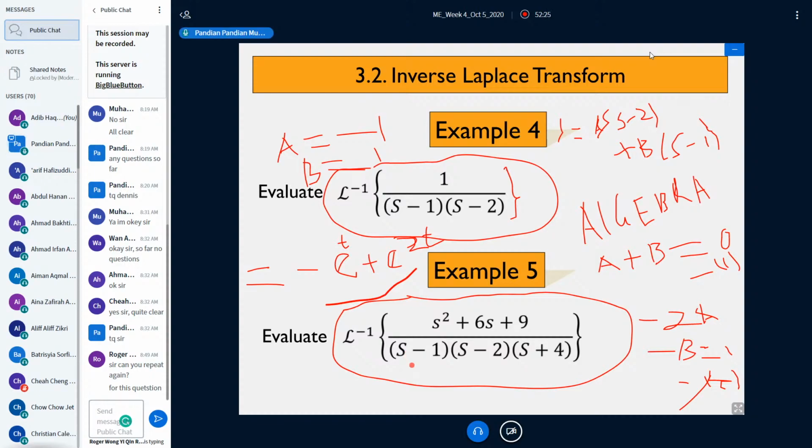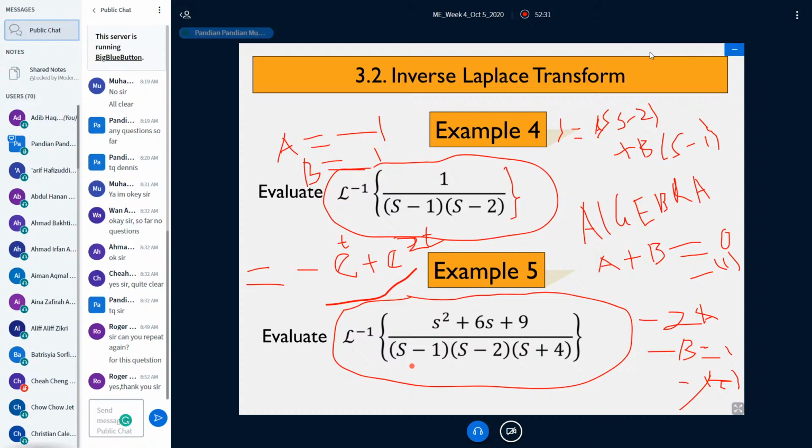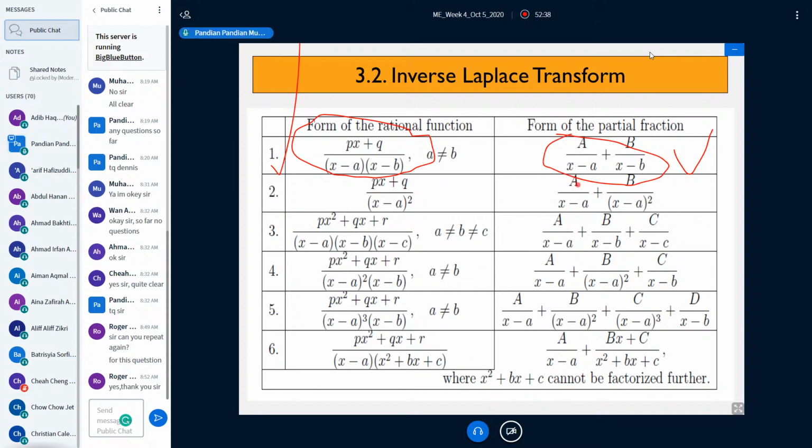Is it okay, Roger? Yeah. So, Roger, what you do, you use this formula: A over X minus A, B over X minus B. That means the partial fraction.